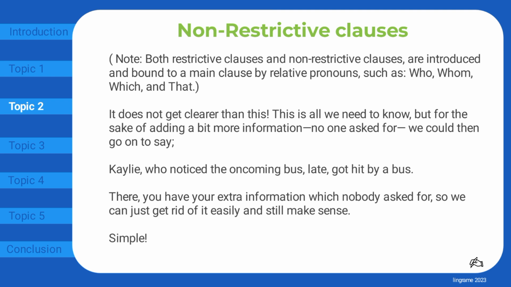This is all we need to know, but for the sake of adding a bit more information, no one asked for, we could then go on to say, Kaylee, who noticed the oncoming bus late, got hit by a bus. There, you have your extra information which nobody asked for, so we can just get rid of it easily and still make sense. Simple.